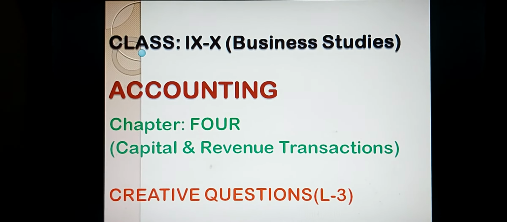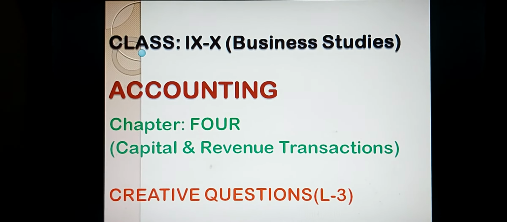Okay, my dear students, are you ready to match the solution of creative question number 2? Now I am starting the answer of creative question number 2 from your textbook. Creative question number 2, requirement A. What is the amount of deferred revenue expenditure?